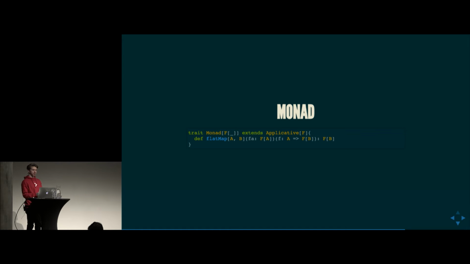So flatMap takes an F of A and a function from A to F of B, and returns an F of B. So what it does is, you take a box with a value, take a function that takes this value and creates a new box, and have the new box as a result.